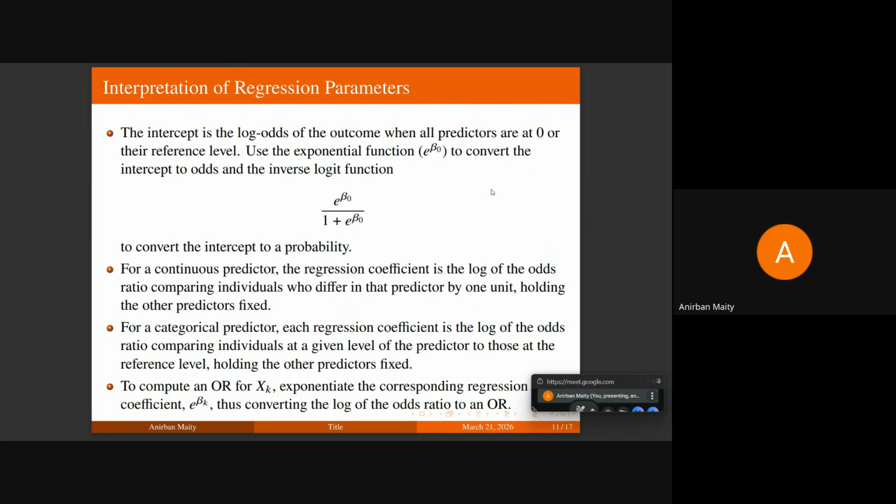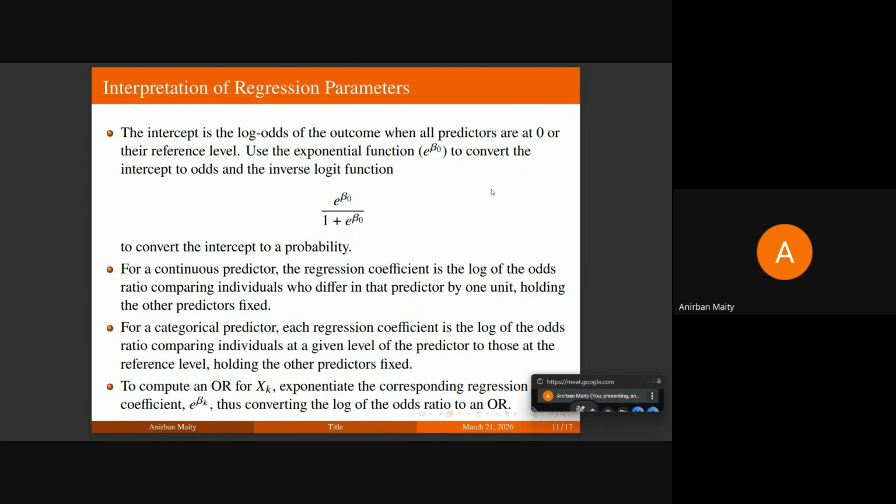For a continuous predictor, the regression coefficient is the log of the odds ratio comparing individuals who differ in that predictor by 1 unit, holding the other predictors fixed. Suppose our model is logit of p, that is log of p by 1 minus p, equals beta naught plus beta 1 x1 plus beta 2 x2.